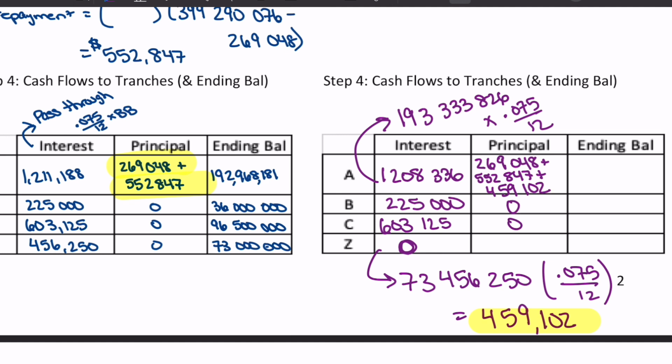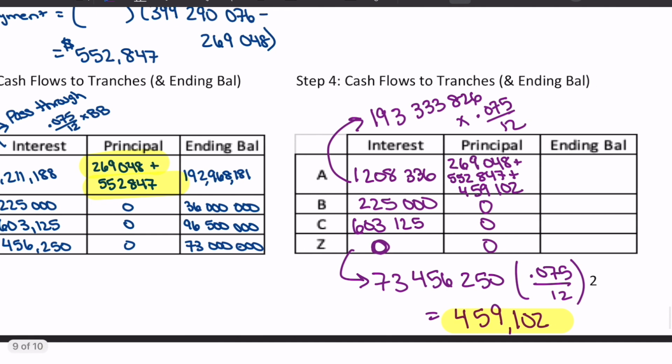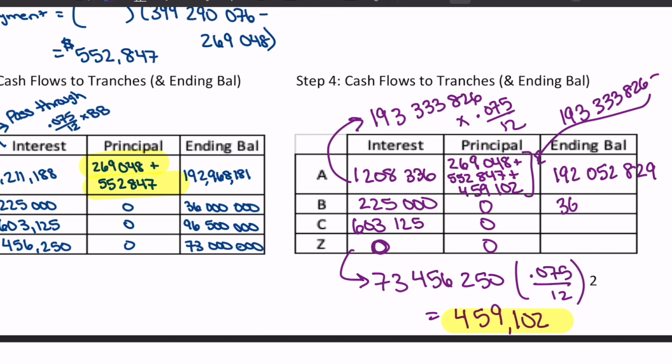The other three tranches are all going to get 0. For the ending balance, we're taking the beginning balance and subtracting off all three of those numbers, resulting in $192,052,829.